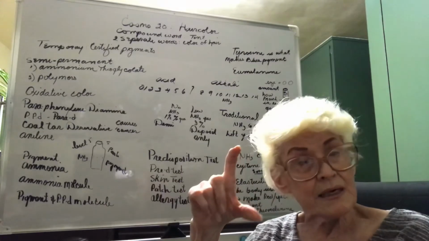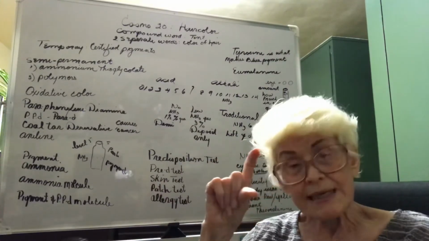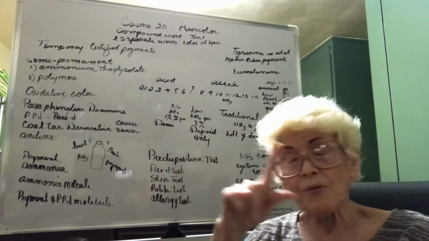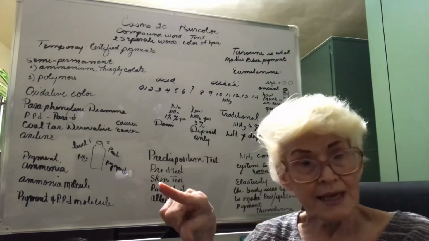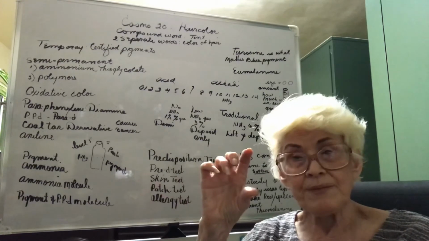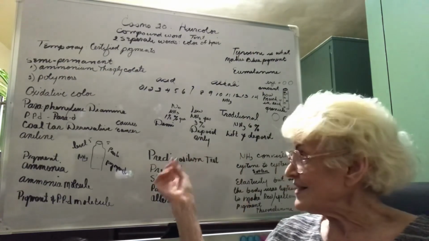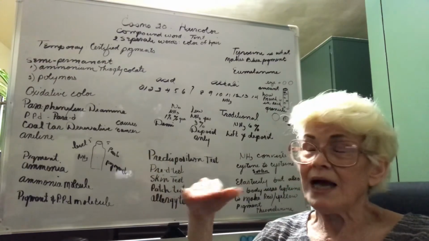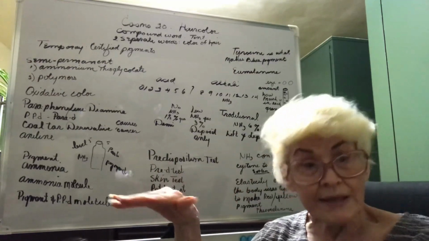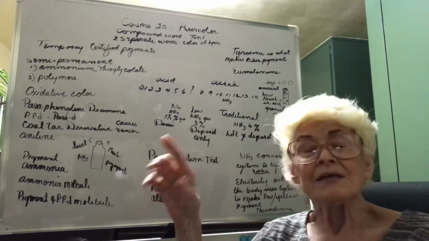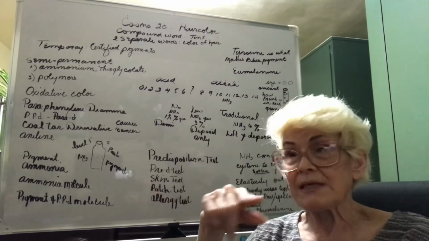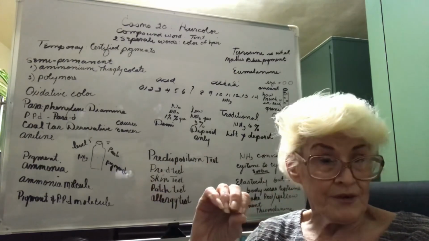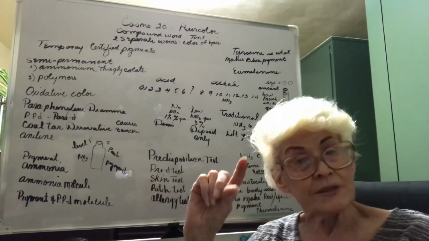If I'm buying my color in a bottle and I'm only using half of it, and I let it sit on the shelf for a week, that week of oxygen in there has oxidized that pigment, and the pigment molecule and the ammonia have come together and they've destroyed each other. So I'm not going to get as quality a color as I would if I had a fresh bottle. So once again, there you can be penny wise, pound foolish. Okay, so be careful about using old color.